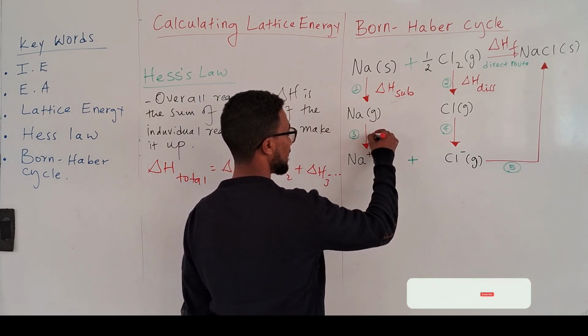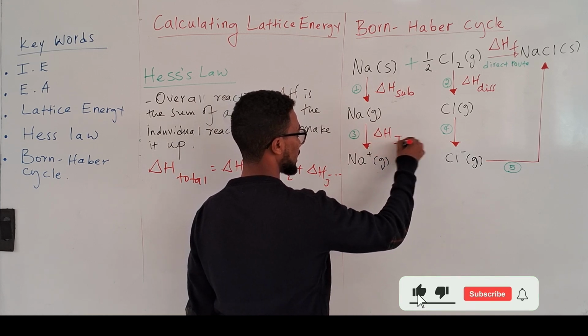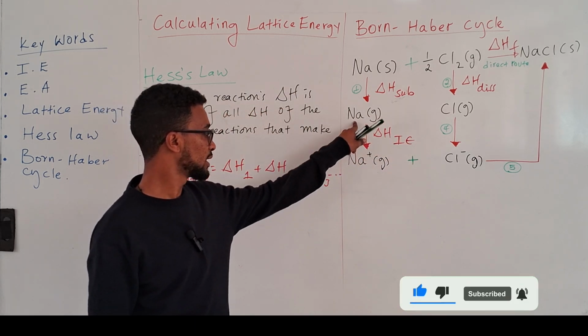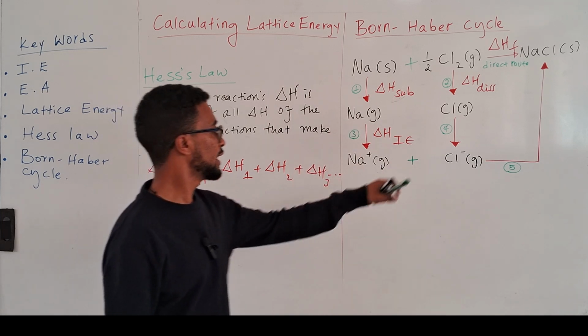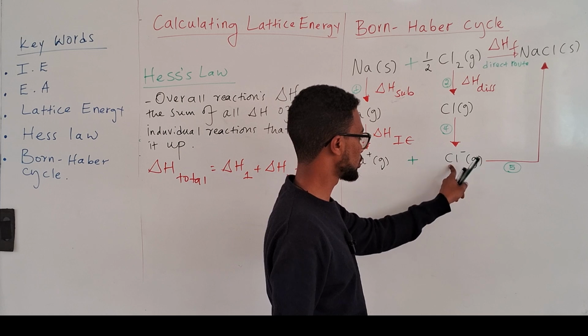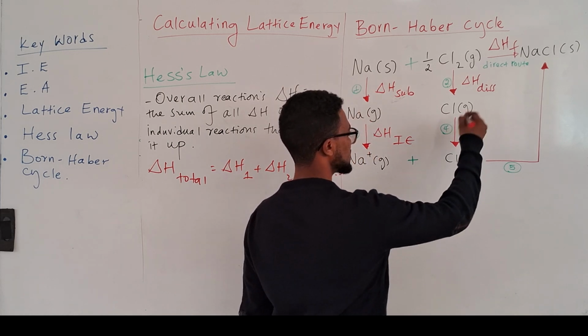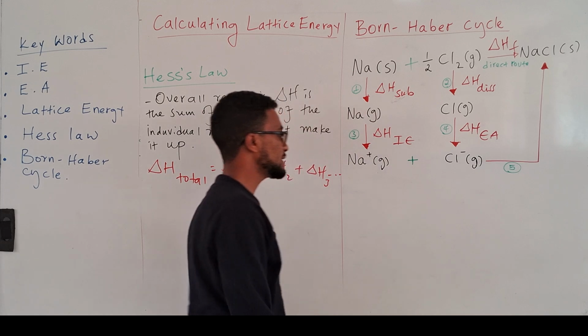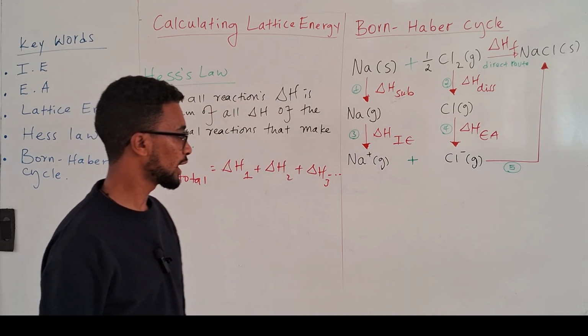So this is enthalpy change of ionization energy, or the energy required to do this is the same as the first ionization energy of sodium. Here we have chlorine being changed into chloride ion. This is the same as enthalpy change of first electron affinity for chlorine gas.